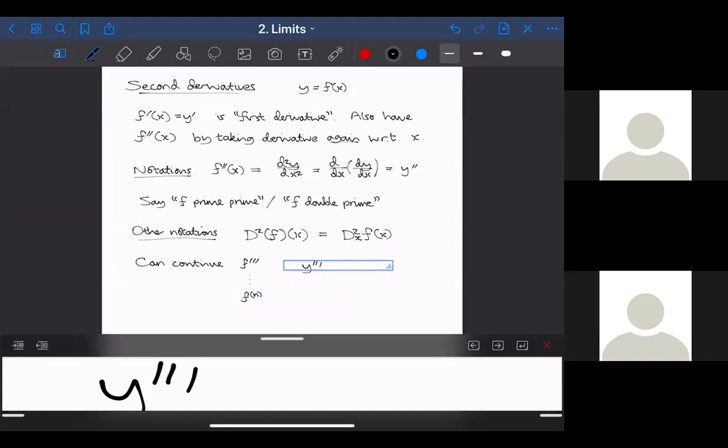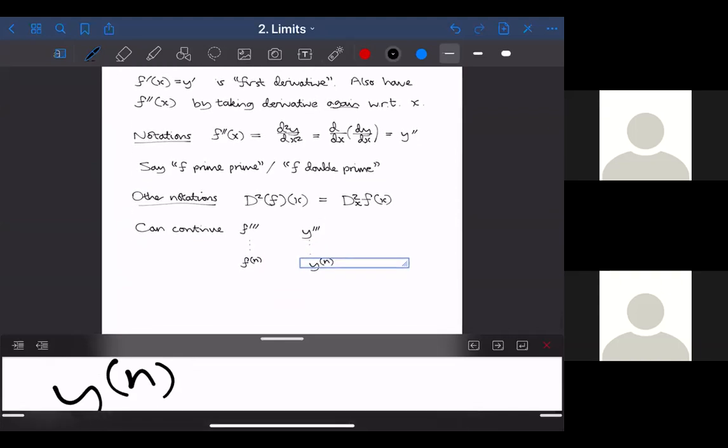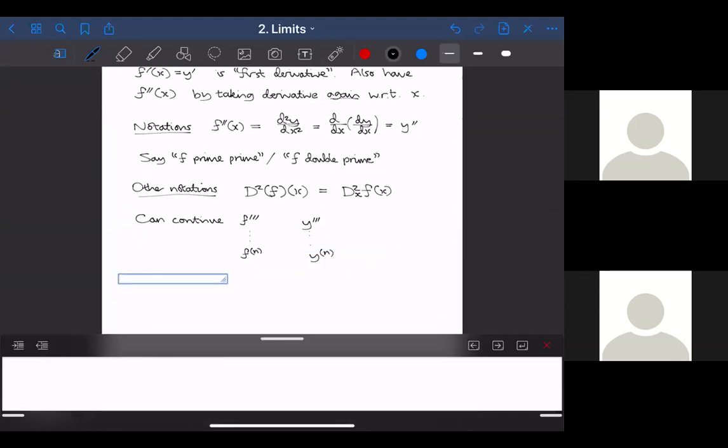And similarly, y prime prime prime for the third derivative, and y to the power bracket n for the nth derivative. So let's do a simple example. This is not difficult, it's just adding more notation.